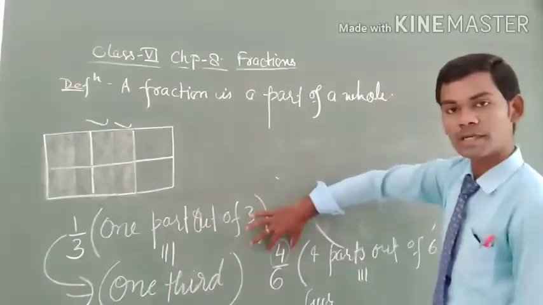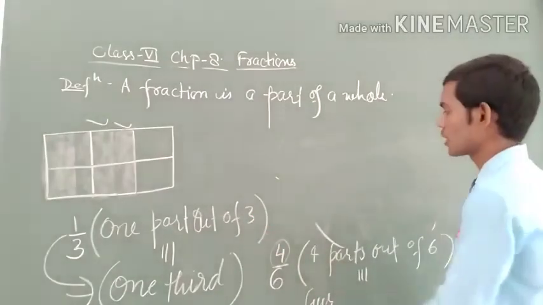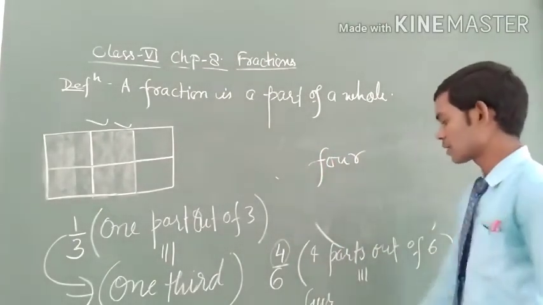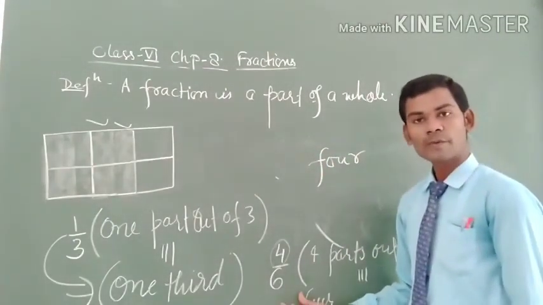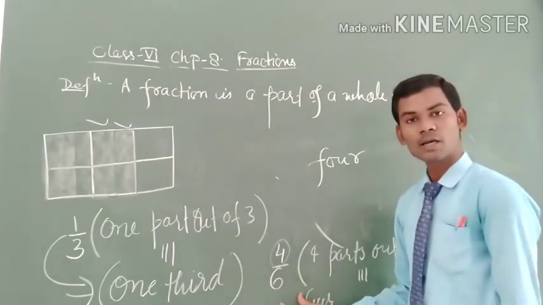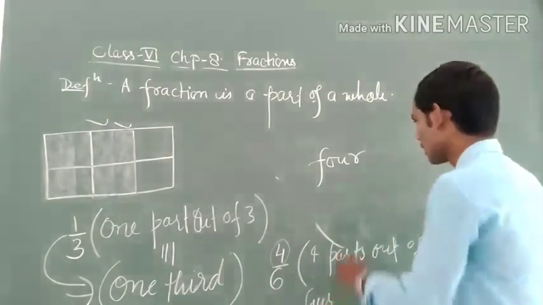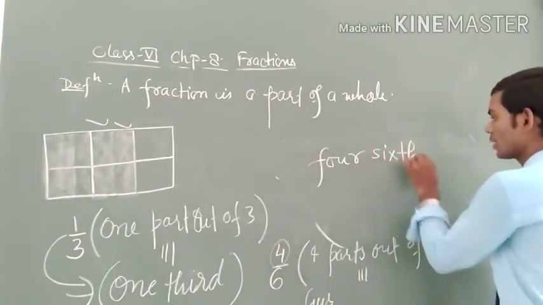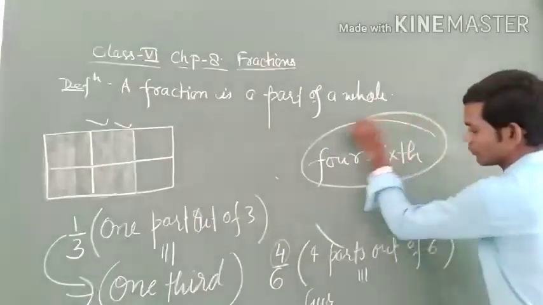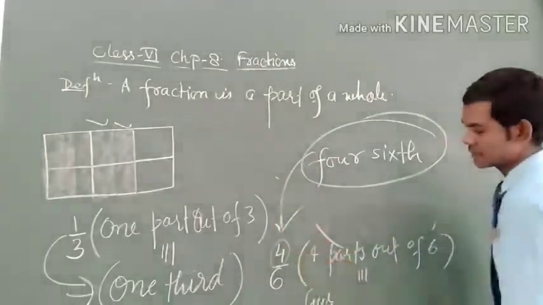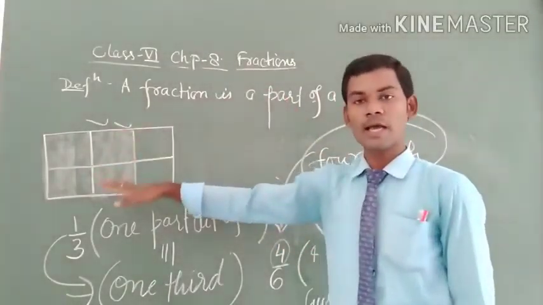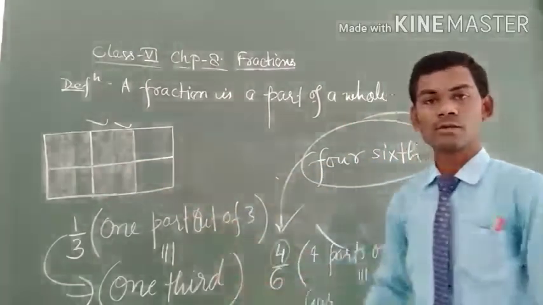Here the numerator is 4, so we write 4, and the denominator is 6, so we write the ordinal number of this 6, sixth. So the fraction 4 upon 6 represents that 4/6 part has been shaded.